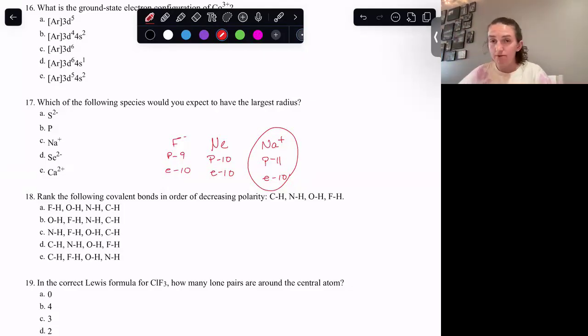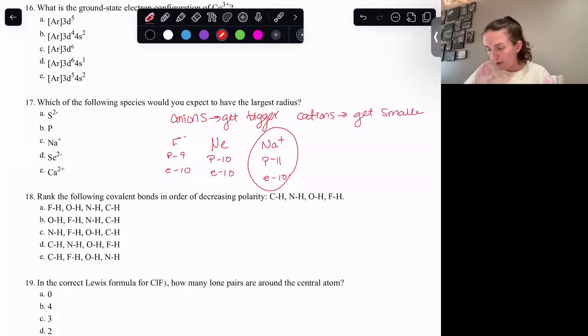So your negatively charged anions get bigger, and your cations get smaller in comparison to their original atom size.